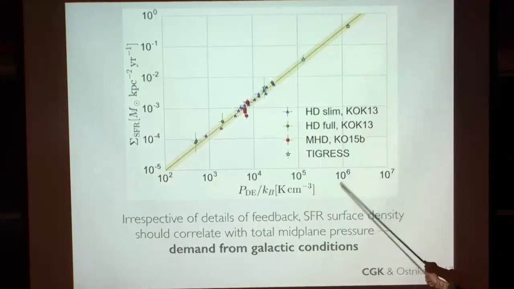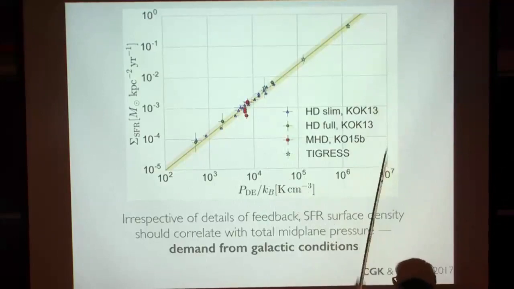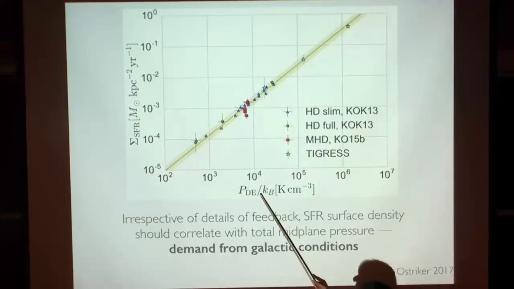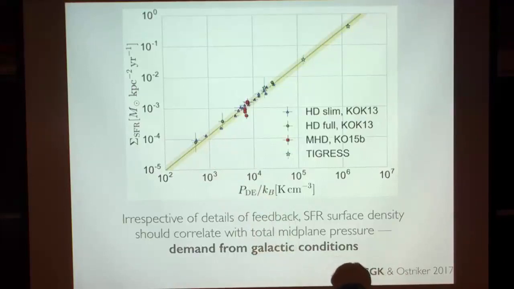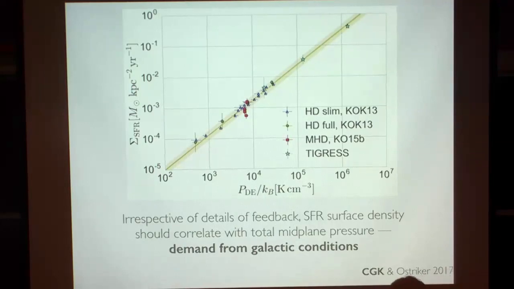Now it extends our relation with a larger dynamic range, and they all agree with each other, which means it's a kind of definite condition: since the galactic condition always requires a certain level of star formation rate for a given dynamic equilibrium pressure, we always get that star formation rate.